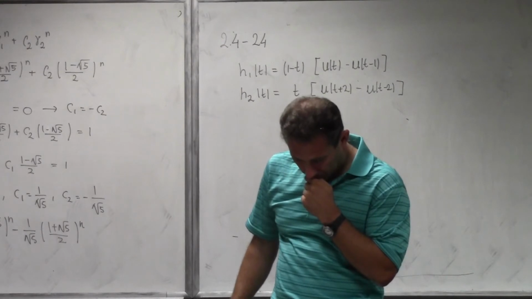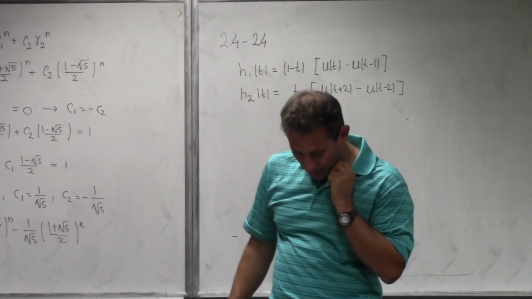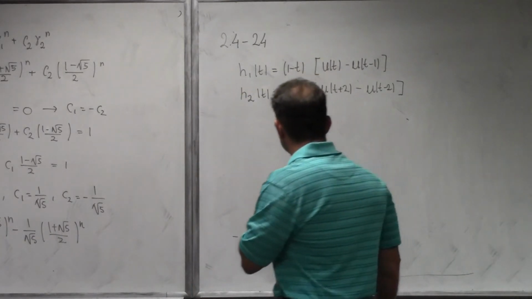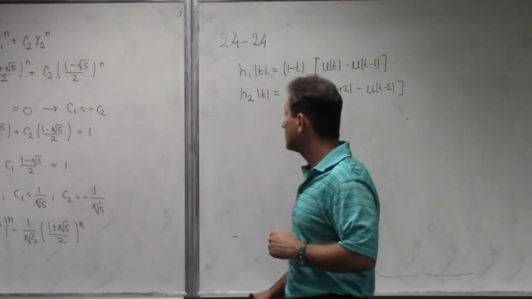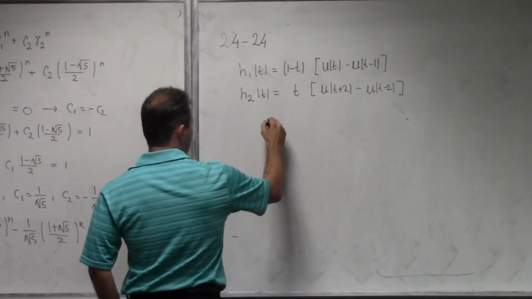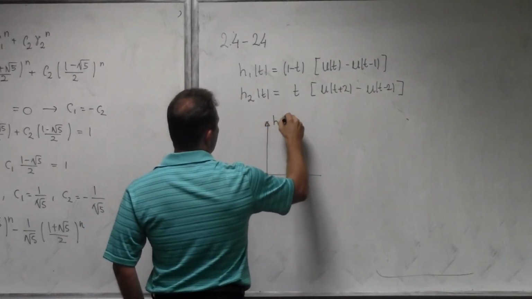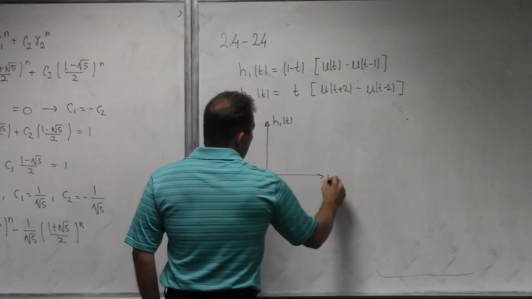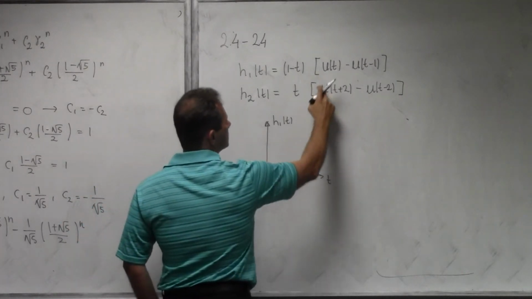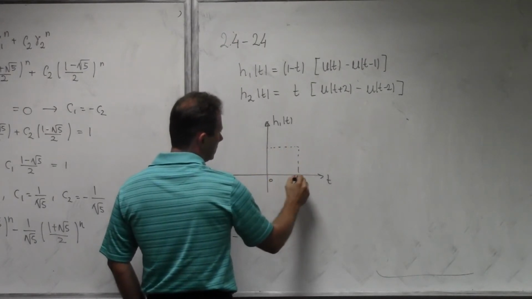Hard, because it's a convolution, right? Yes. Okay. So let's start, but let's start first by plotting this so that we know what we are dealing with. So H1 of t, you have two u functions which essentially form a box between 0 and 1, right?